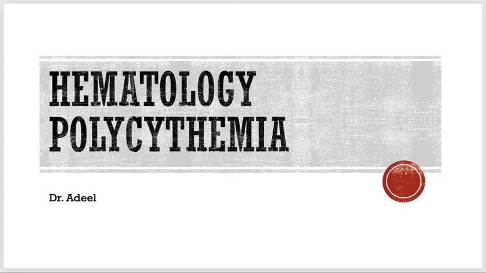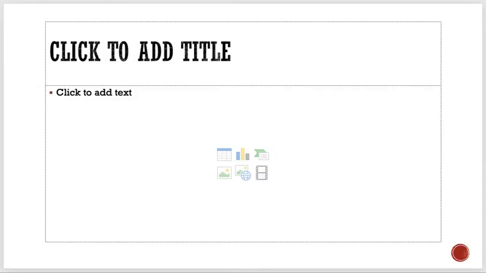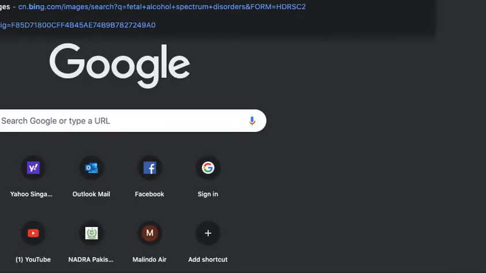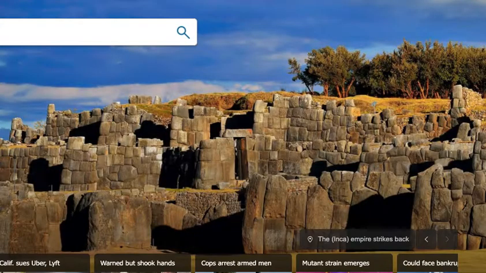Now, again, for example, you saw the HB level or the packed cell volume. Again, I will take the help of Bing and show you a CBC report.